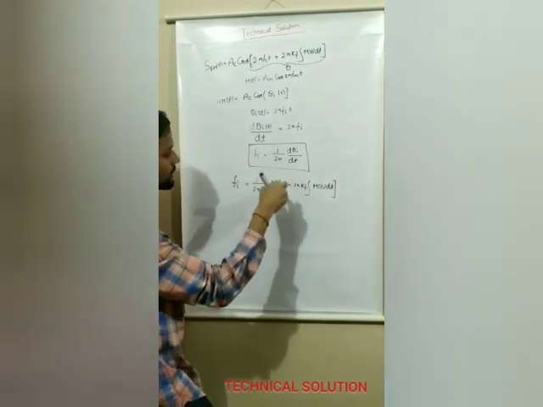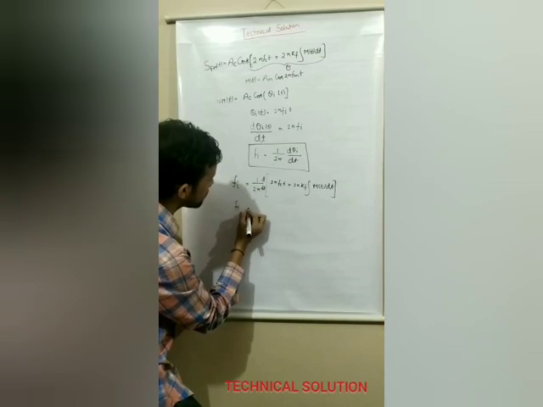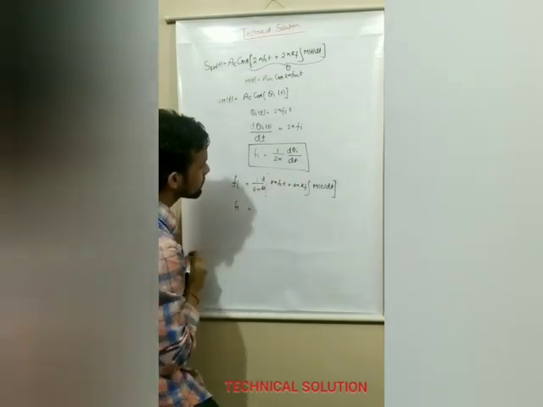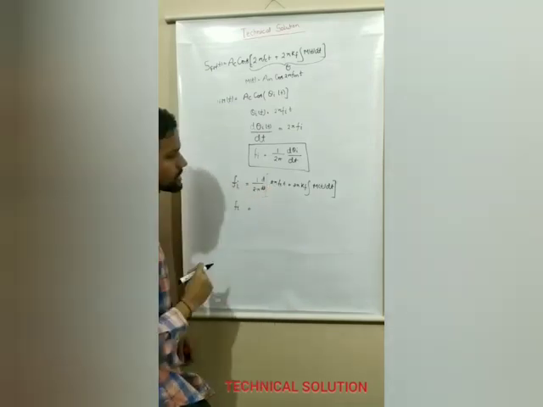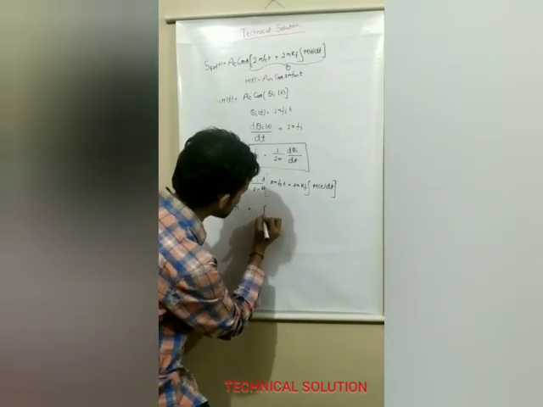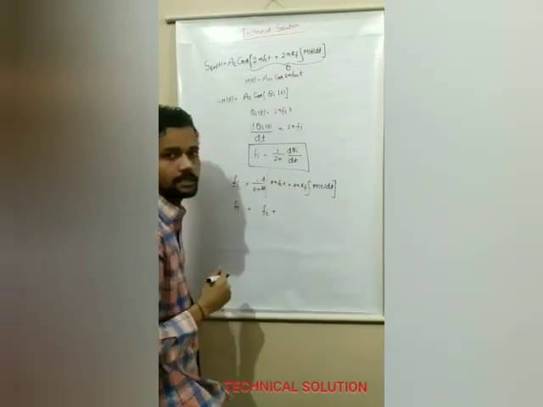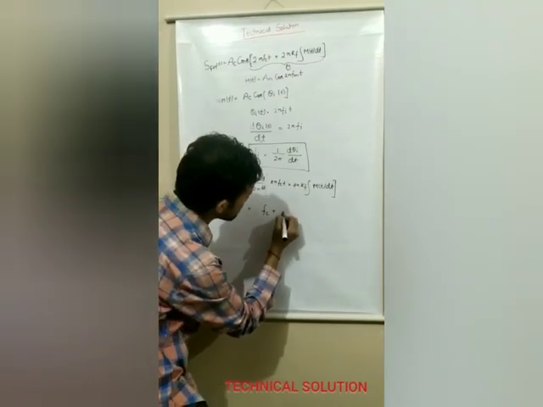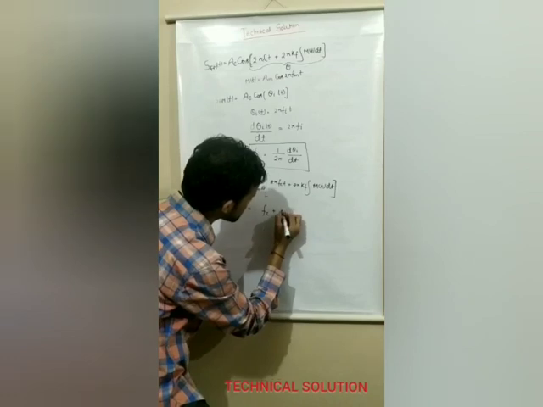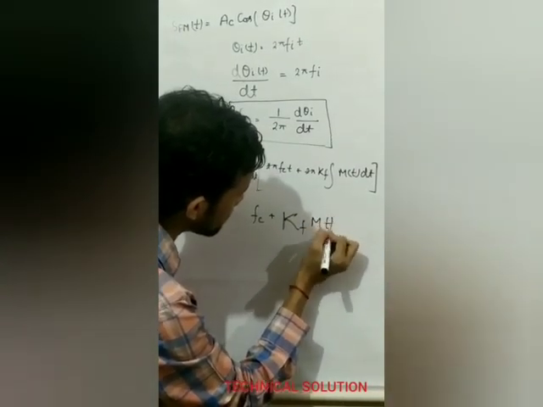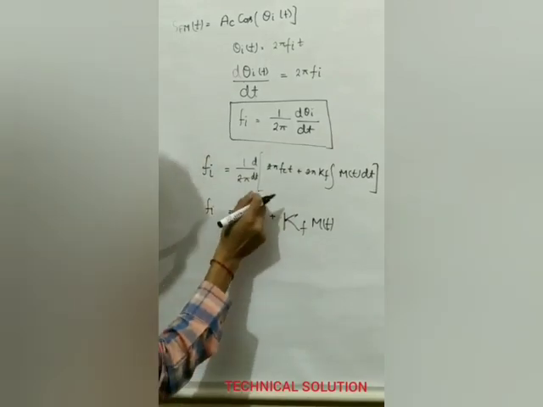We have to differentiate this. Then the 2π cancels with the 2π. d/dt of fc t is fc, plus the differentiation and the integration cancel out, and this is written as Kf m(t).